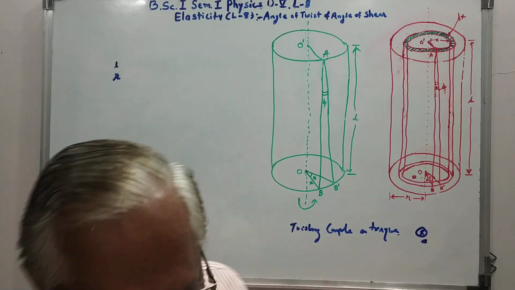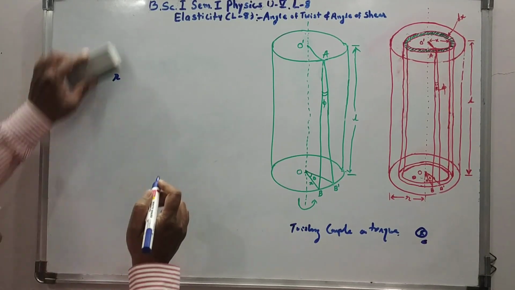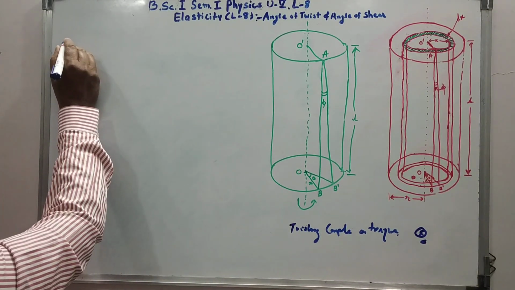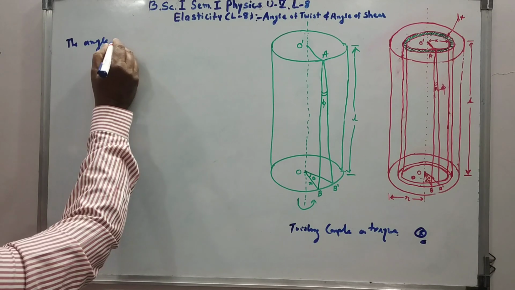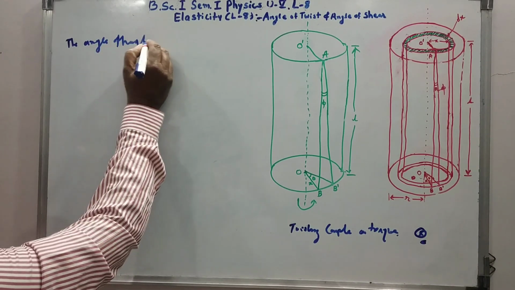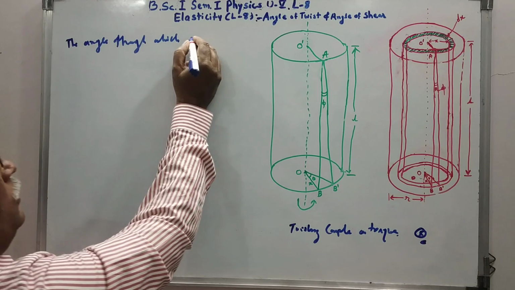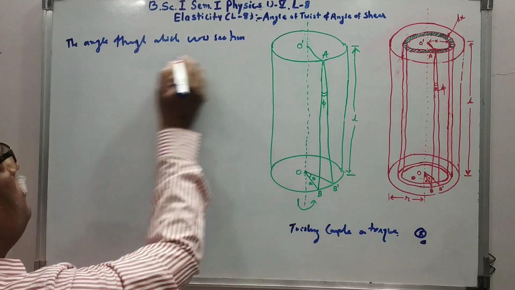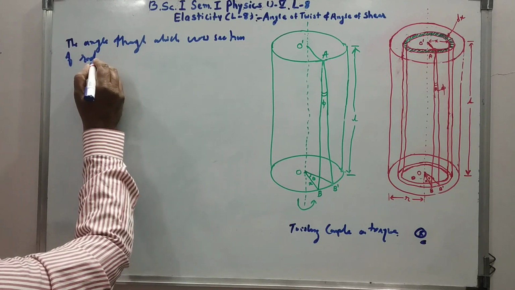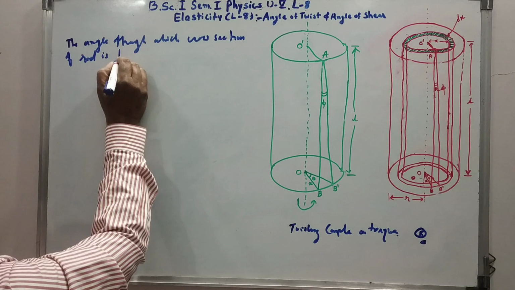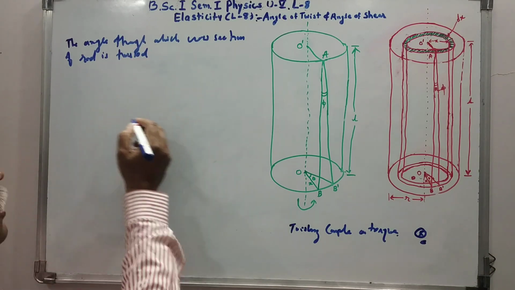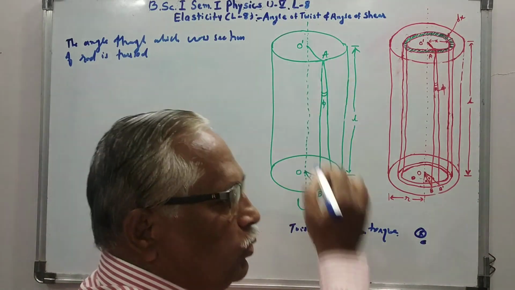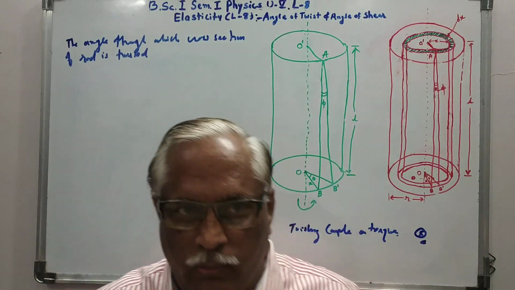So the angle of twist is the angle through which each cross section of the rod or the cylinder is twisted or rotated.